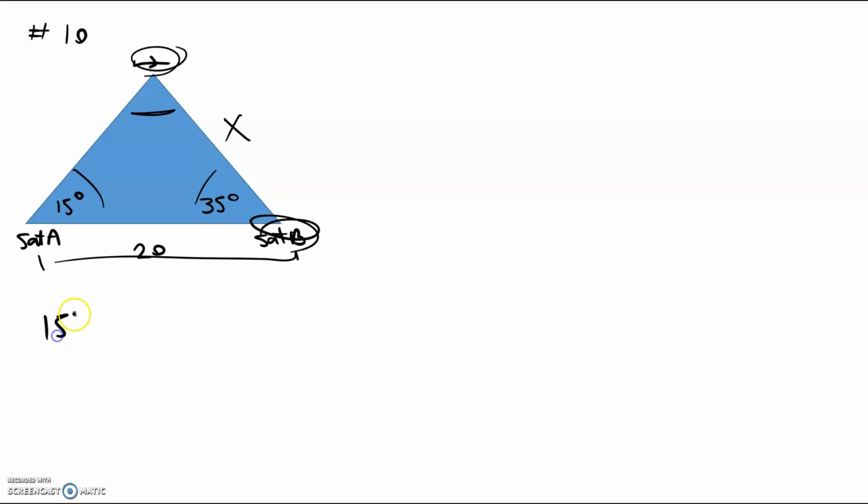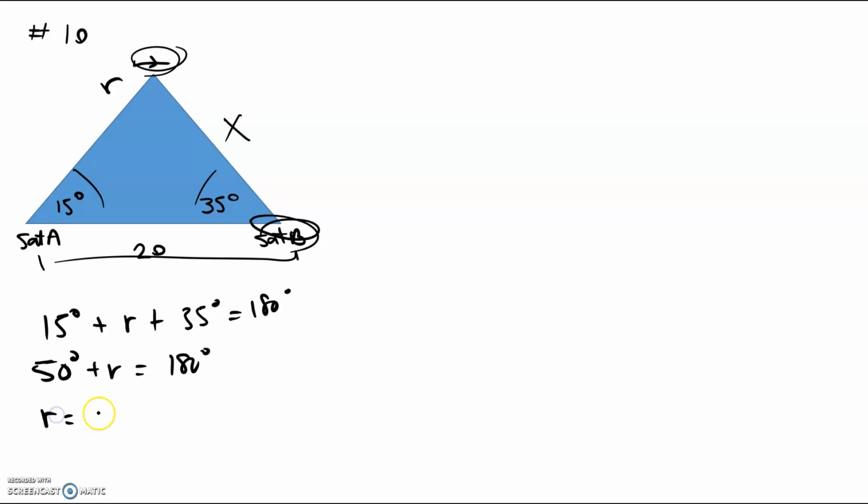So I've got 15 plus R plus 35 is equal to 180. So 50 plus R is equal to 180. So R is 180 minus 50, or 130.